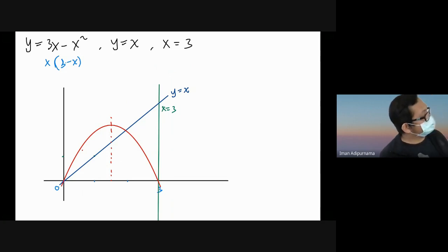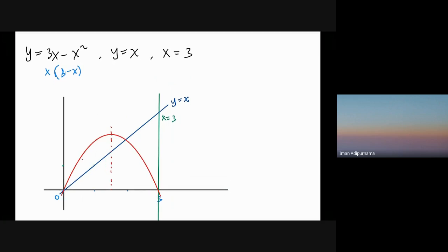Now the question first is, which one is our area? So we need to have all these three curves, okay? 3x minus x squared, the red color, right? y equals x, the dark blue one here, and x equals 3, the green one.